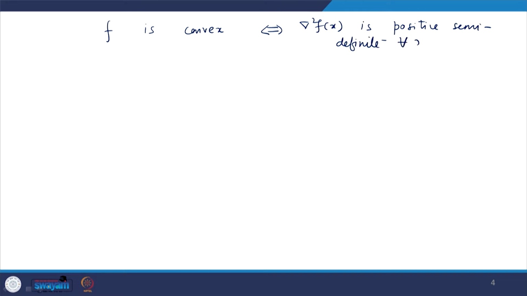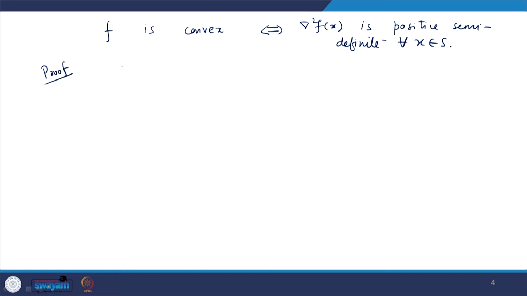So, we have to show that f is convex if and only if del square of f x is positive semi definite for all x belongs to S, where S is an open convex subset of Rn. So, let us discuss the proof.